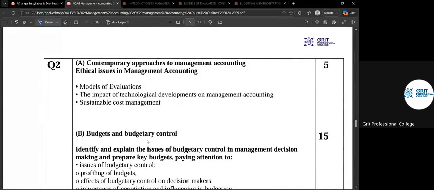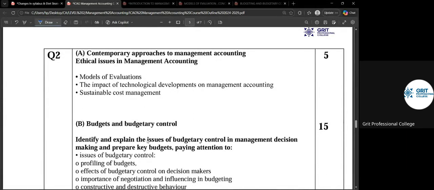Question 2, what are we to expect? In question 2, we have the contemporary approaches, which is the A part of your syllabus, to MA. And the examiner is saying that for the area under the contemporary approaches, he's going to test you for 5 marks in question 2.